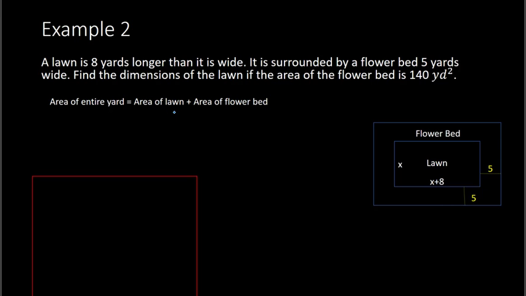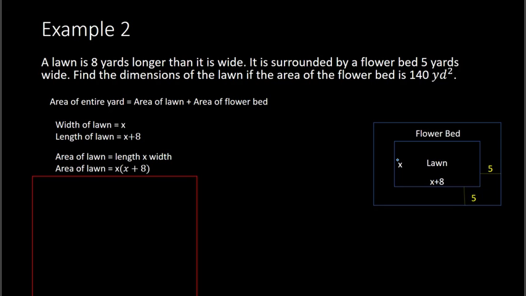So the area of the lawn is a rectangle, and the area of a rectangle is length times width. So the width is x, the length is x plus 8. So the area, you take length times width, which will give you x times x plus 8.